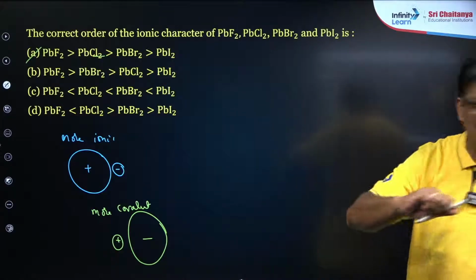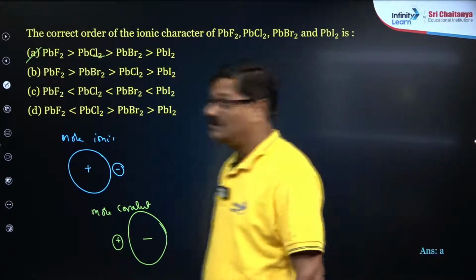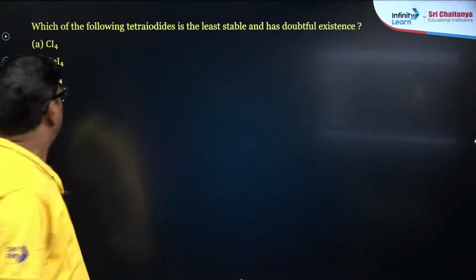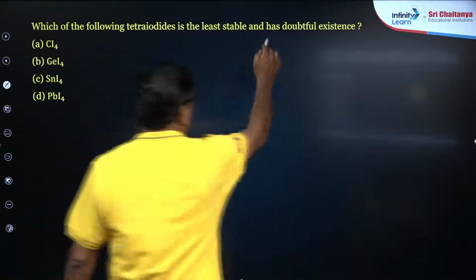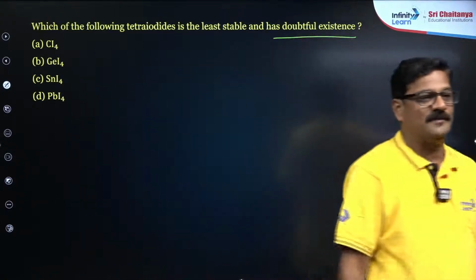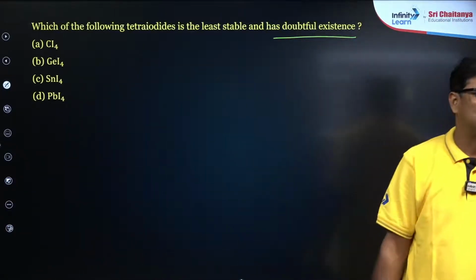Get ready for that. Okay, and one more. Which of the following tetraiodides is the least stable and of doubtful existence? Which one will it be?